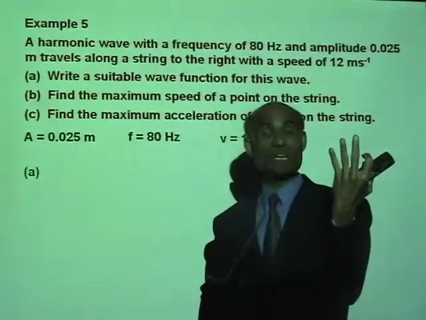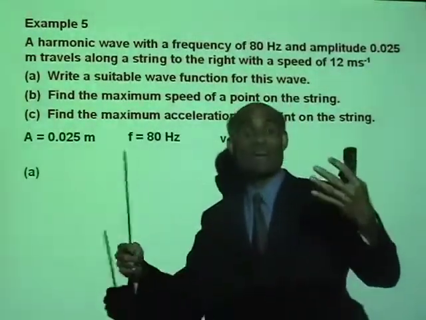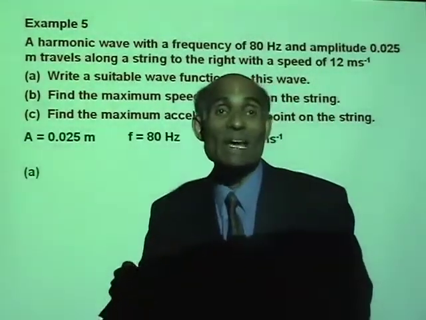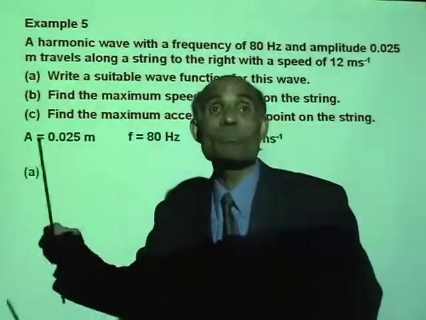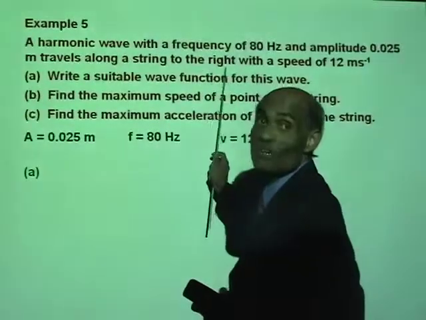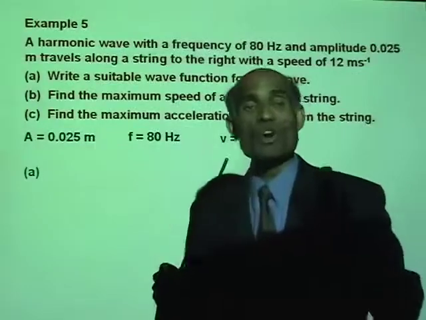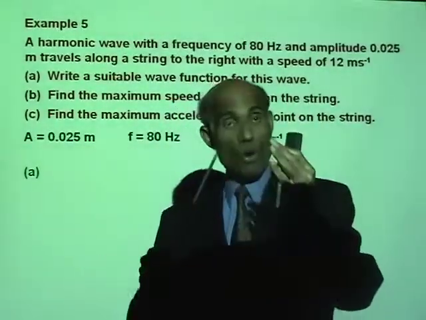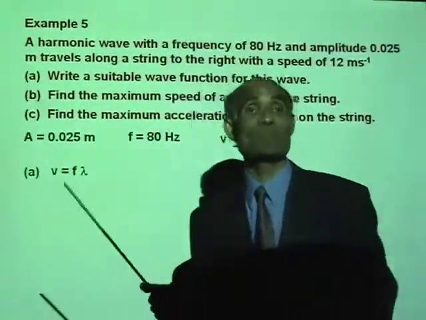Those are the two things you need, because once you have k and omega, you can write the equation of the wave. y(x,t) equal to A sine (kx minus omega t). Why minus? It is moving to the right. And the speed we know. So it is either kx minus omega t or k times (x minus vt).